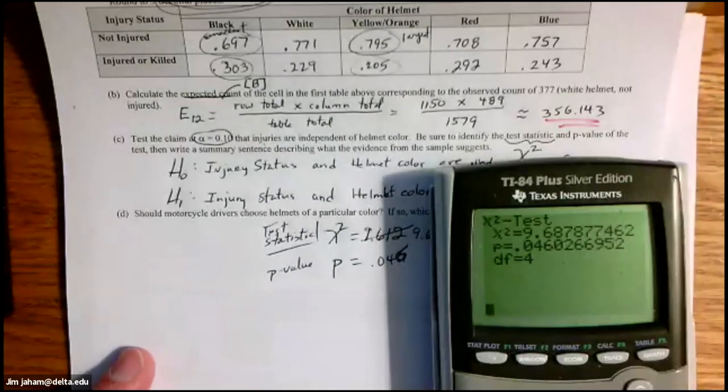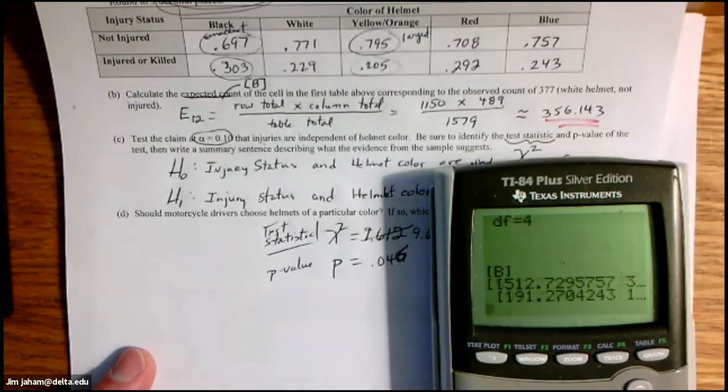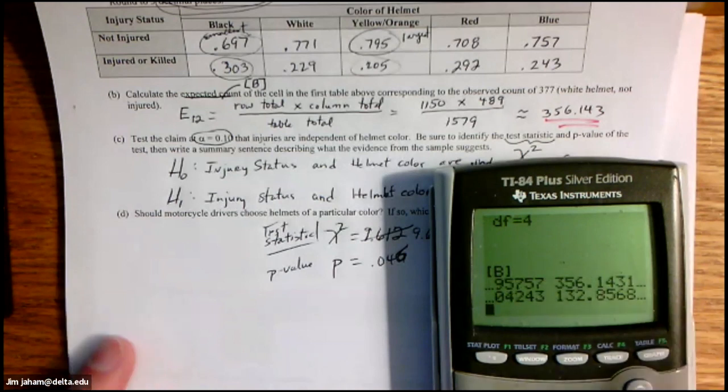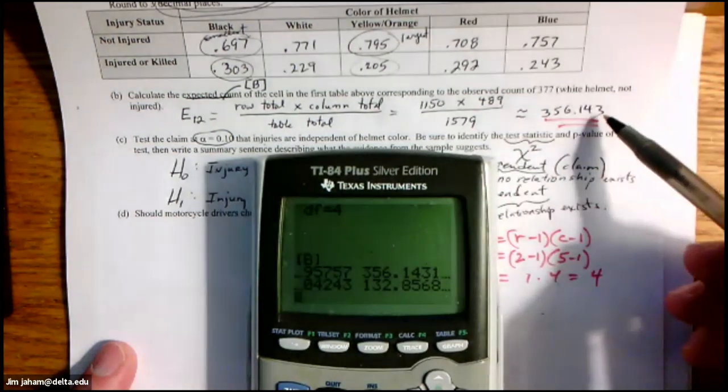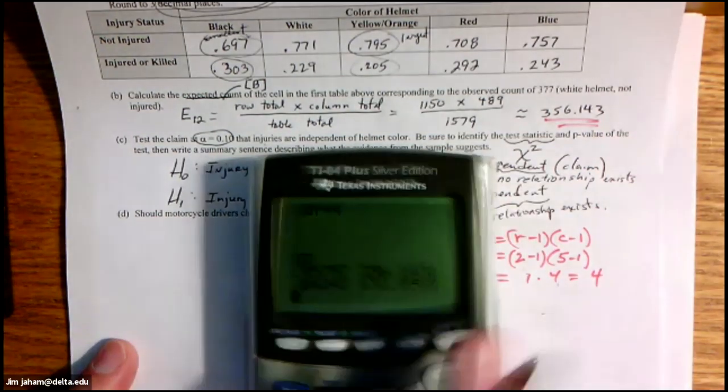All right, now I should be able to go back and select matrix B and see the correct expected values there. Okay.